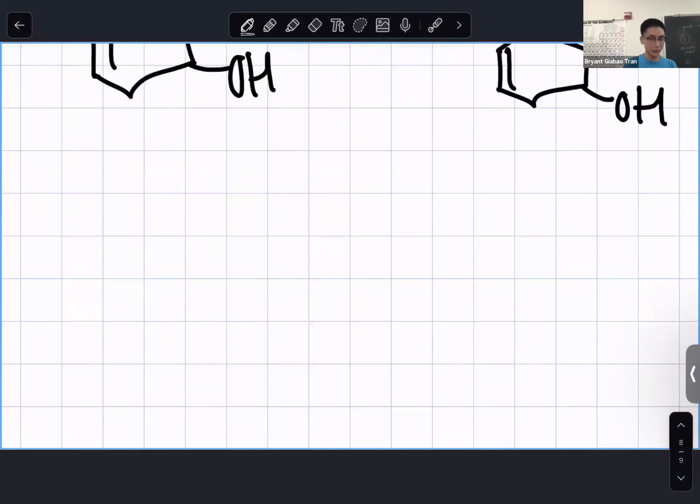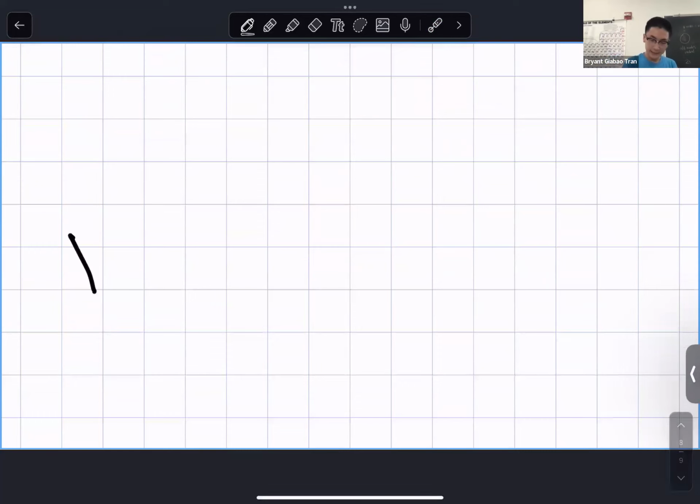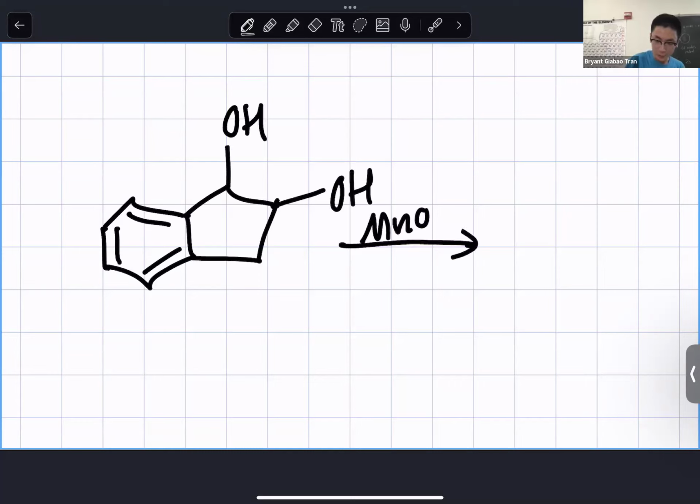In this example, it is meta, but we could have different examples like this. Let's say we have a benzene ring like this, and then we have a cyclopentane like that, and we have an alcohol here and an alcohol here, and we put that through MnO2. Which alcohol will get oxidized?